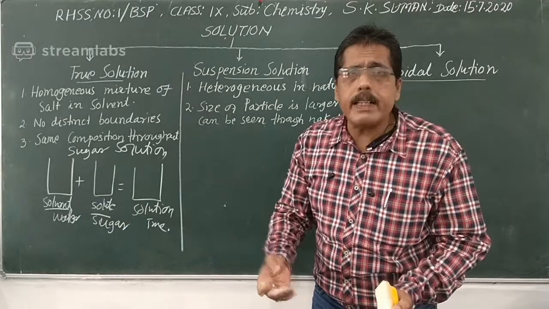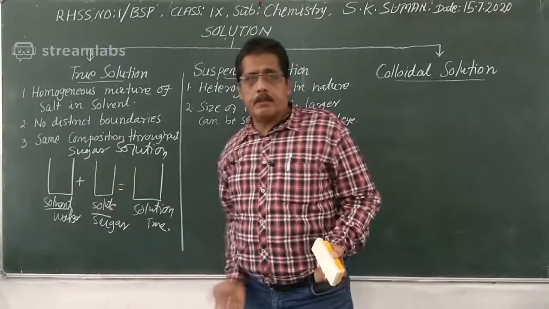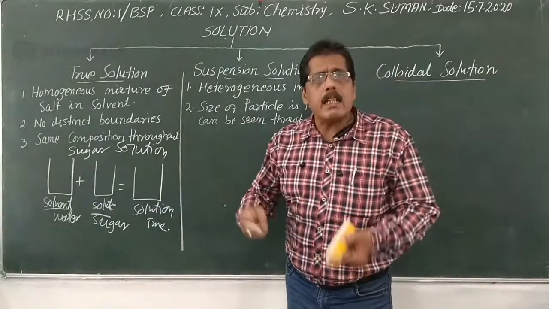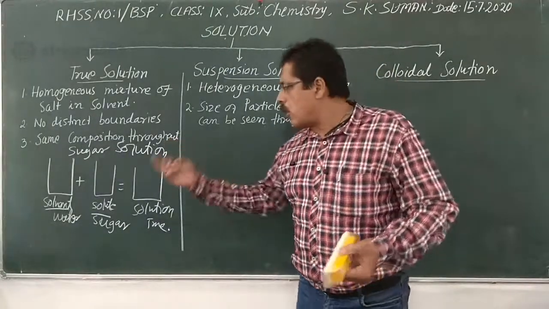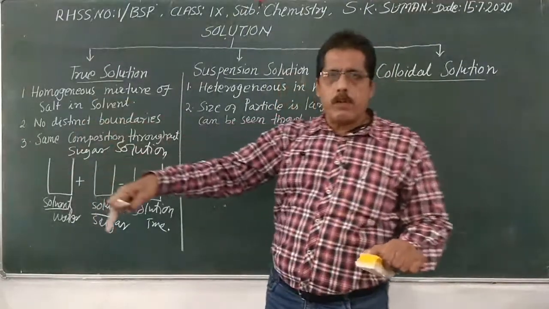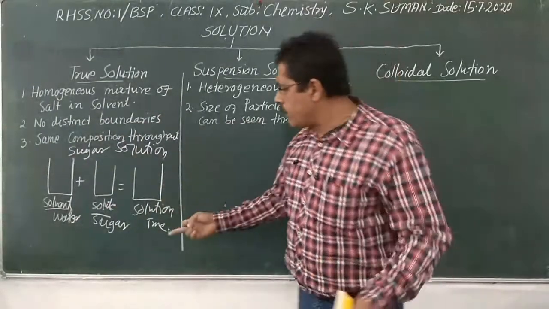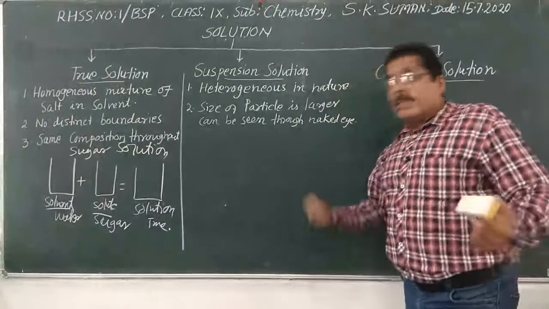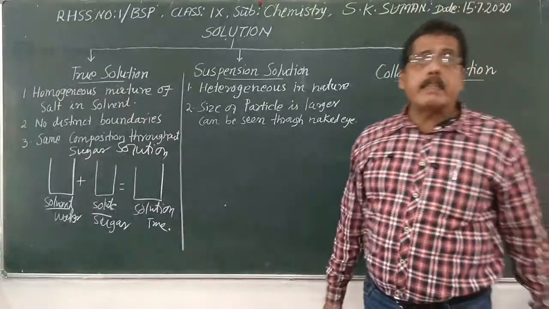Now, come to the particle. What is the size of the particle of true solution? As at the beginning of this class I had told you, we will discuss the solution by keeping the size of the particle in mind. So, let us talk about the size of the particle of true solution.